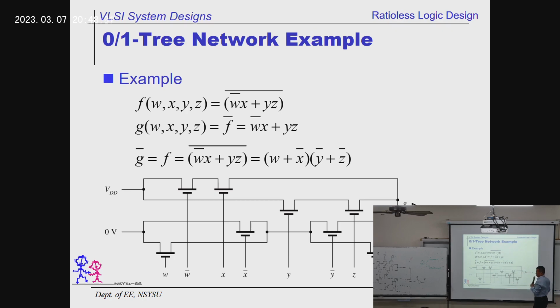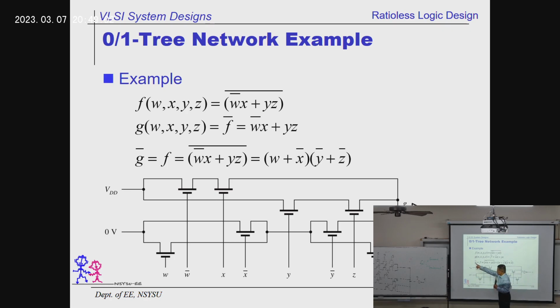So basically, it is almost the same as the approach I taught at the very beginning. Check this one. This is W bar X over here, and this is a term Y and Z over here. So these are the two terms, the two paths for G. In the meantime, we like to generate the path for the 0.